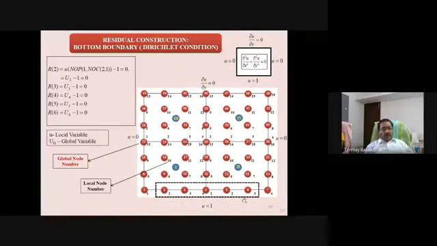Then you have to talk about the internal domain. If you have R2, these are the nodes 2, 3, 4, 5, 6. This has u equal to 1. So we have u2 minus 1 equal to 0, u3 minus 1 equal to 0, u4, u5, u6. So this also does not require orthogonal collocation.